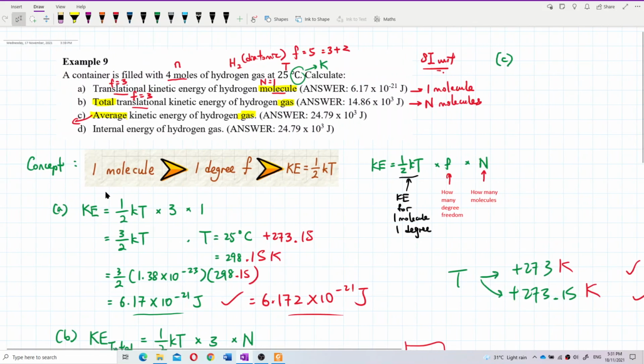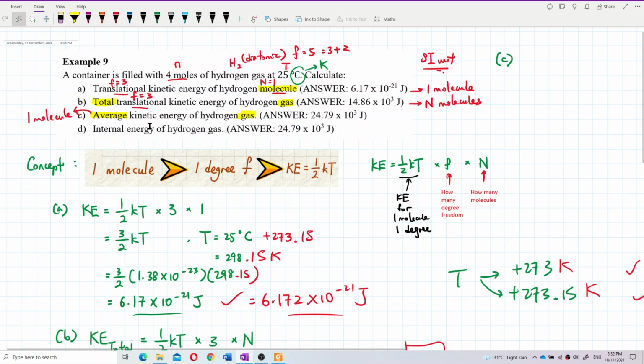I want you to pay attention. What does average mean? Average means one molecule. Remember this, only one molecule, even though he put gas. The word average here means as average, each molecule has how much kinetic energy?